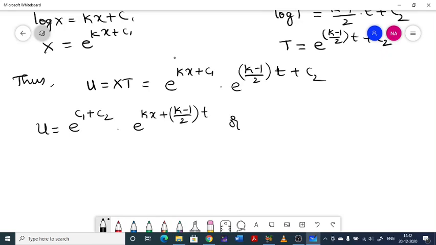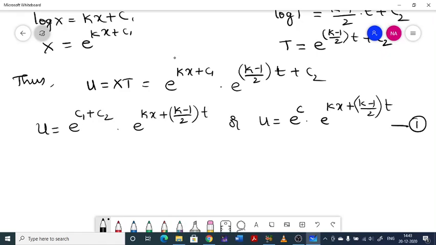Or you can equivalently write this as u equal to e power c, constant, into e power kx plus k minus 1 by 2 times t. Call this as equation 1.